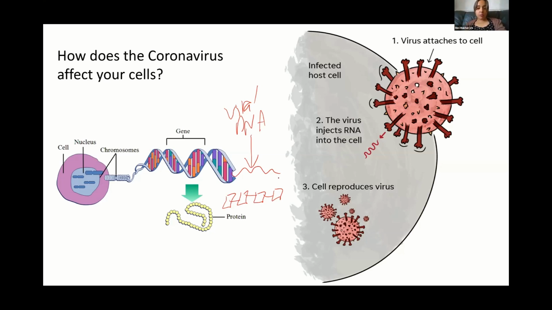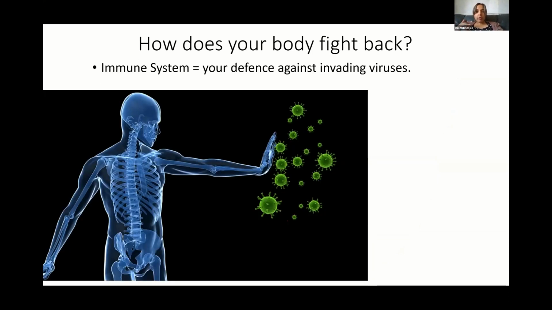And so essentially our cell will make viral proteins from the piece of viral DNA that's now joined its own genetic material. And it's this viral protein that will actually then start to take over the body, which is very dangerous, as you know.